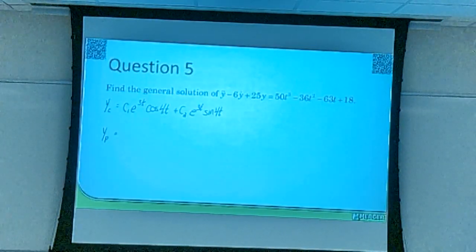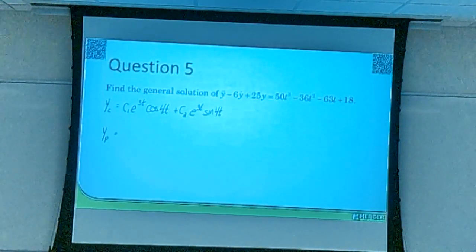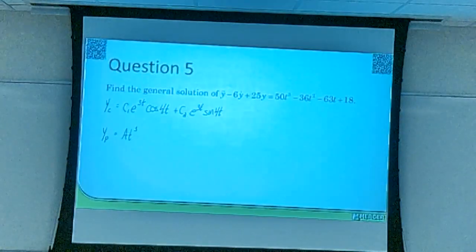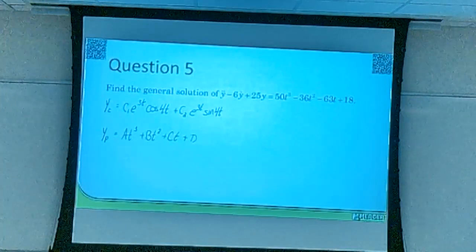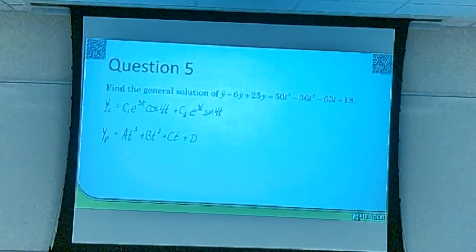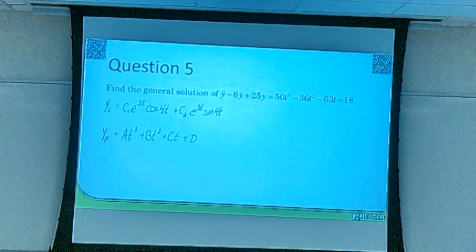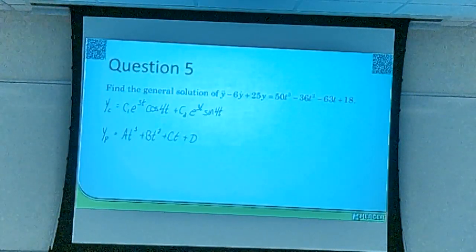Means our particular solution has to be a third-degree polynomial. And obviously that means we have to find A, B, C, and D. Oh, that's going to be fun.